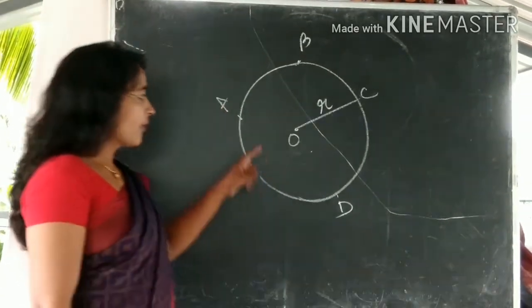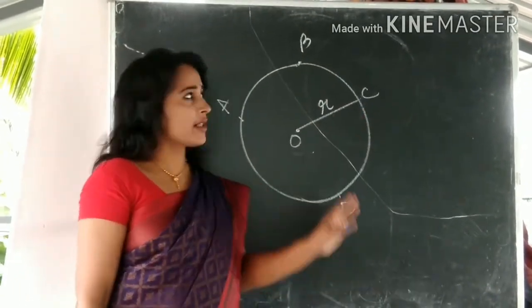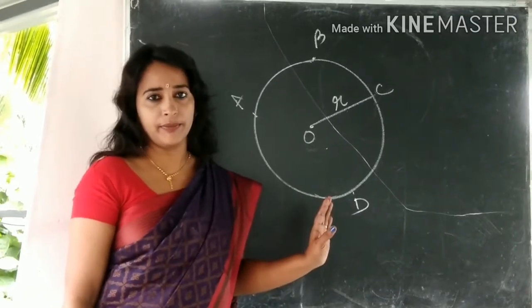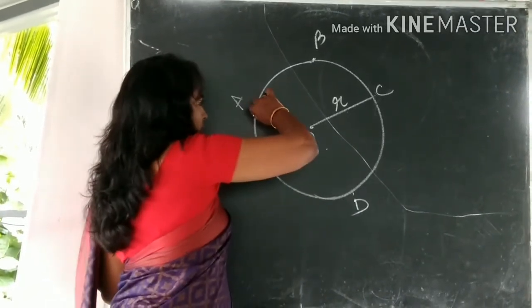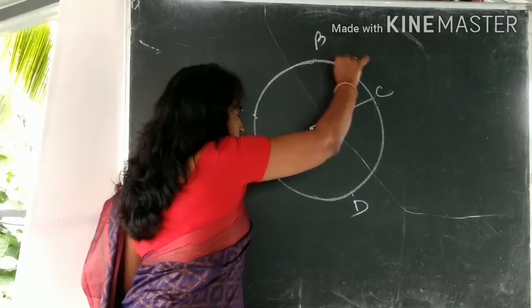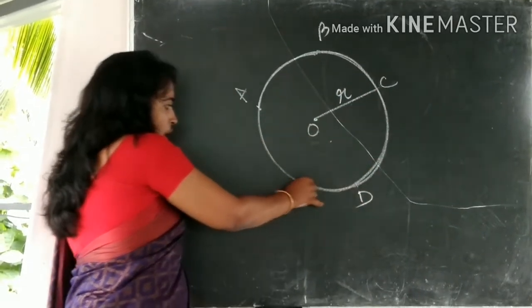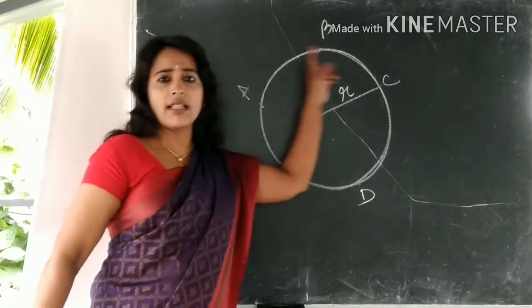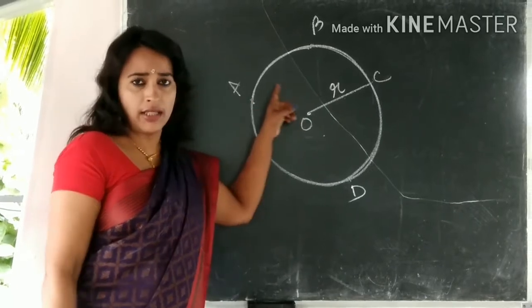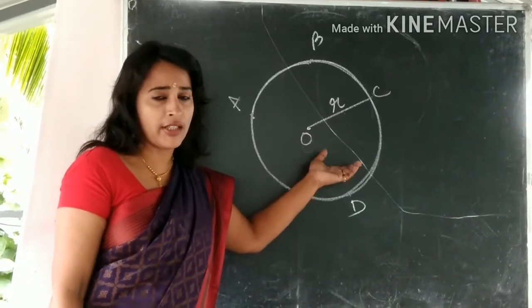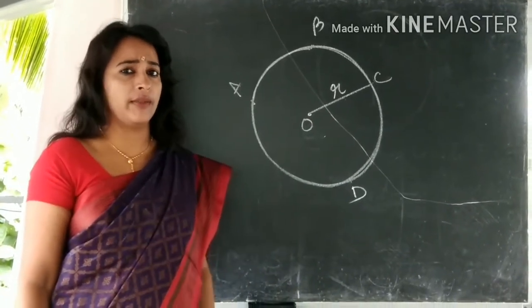So now OC is the radius, O is the center. Now children, if I run through this part, the total part, this is the circumference of the circle. Perimeter of the circle is called the circumference of the circle.